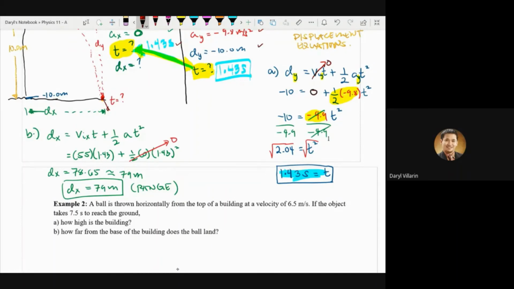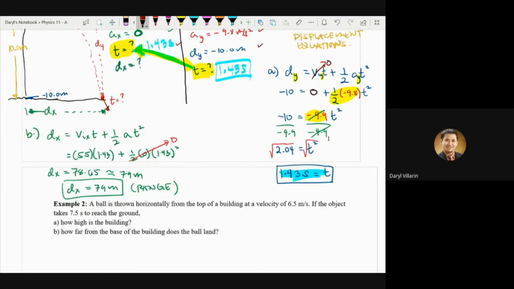Although the usual question here is, what would be the velocity of the object upon hitting the ground? In that case, you're getting the magnitude and the direction, and the magnitude of the velocity is a combination of both Vx and Vy.